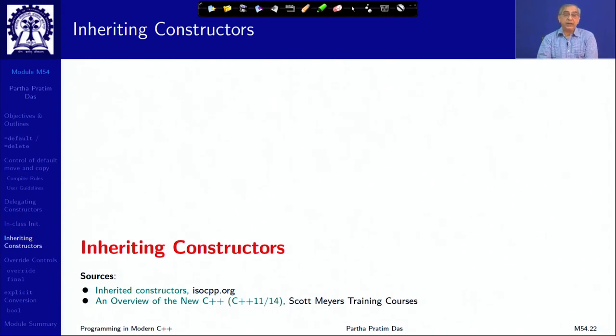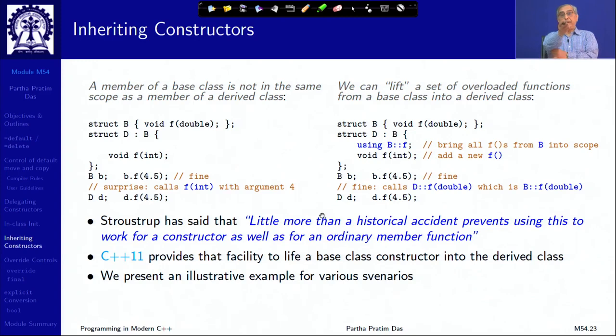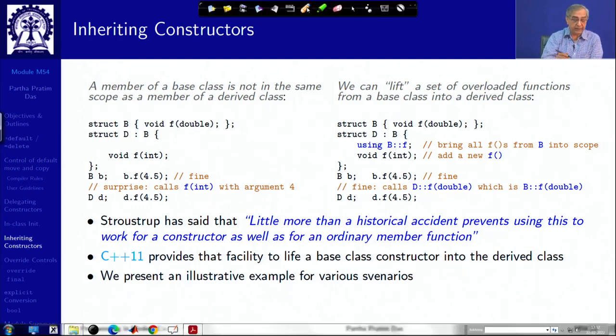The next is about inheriting constructors. You know about inheriting member functions, right? And you know that a derived class will inherit the member functions of the base class, but the moment you declare a member function in the derived class by the same name, the base class member function will get hidden.